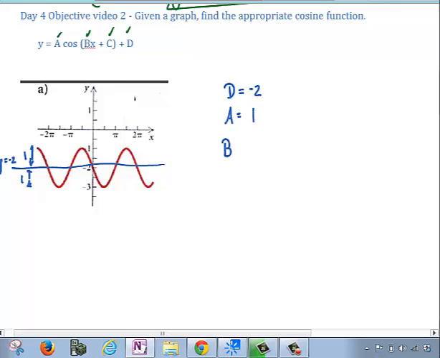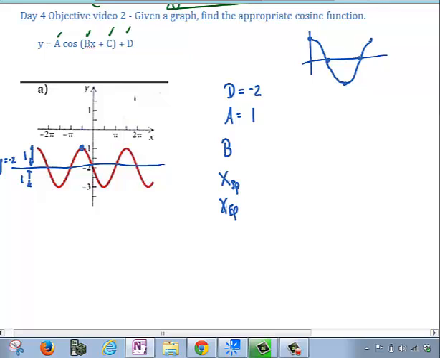I need to come up with the frequency term. And again, to find that, I need the starting point and the ending point for one cycle of a cosine function. Remember, cosine always starts up high, then goes low, and ends up high again.